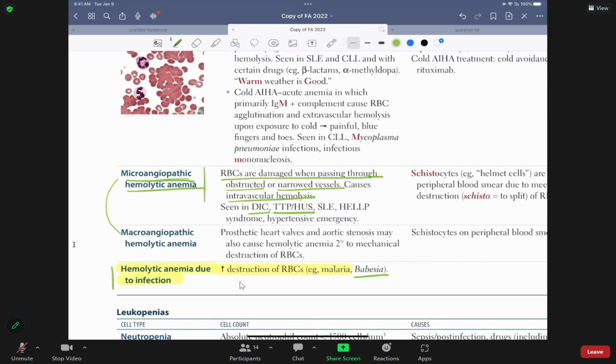Thrombocytopenia and microangiopathic hemolytic anemia, isn't it? These are the two features. When you have TTP, as we studied yesterday, they make a clot. So the red blood cells hit the clot and break. Same thing with SLE, HELLP syndrome and hypertensive disorders. They all break the red cells, folks, okay?